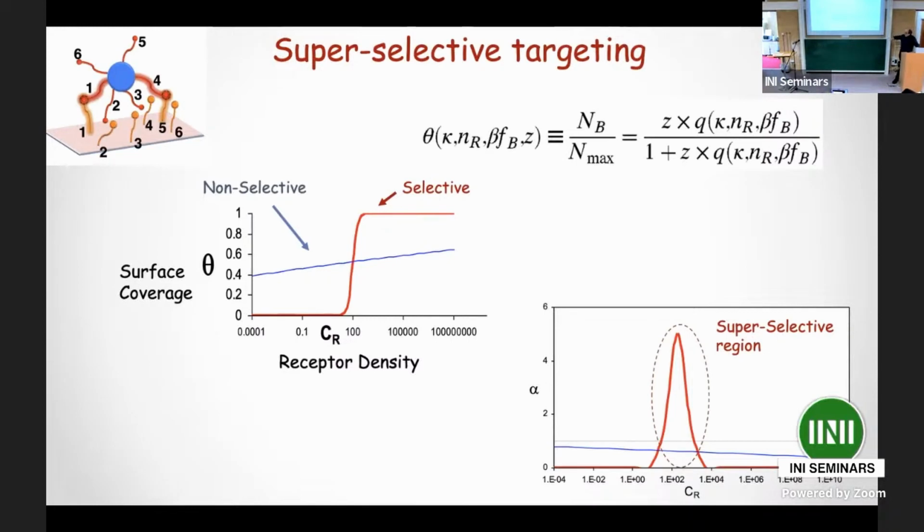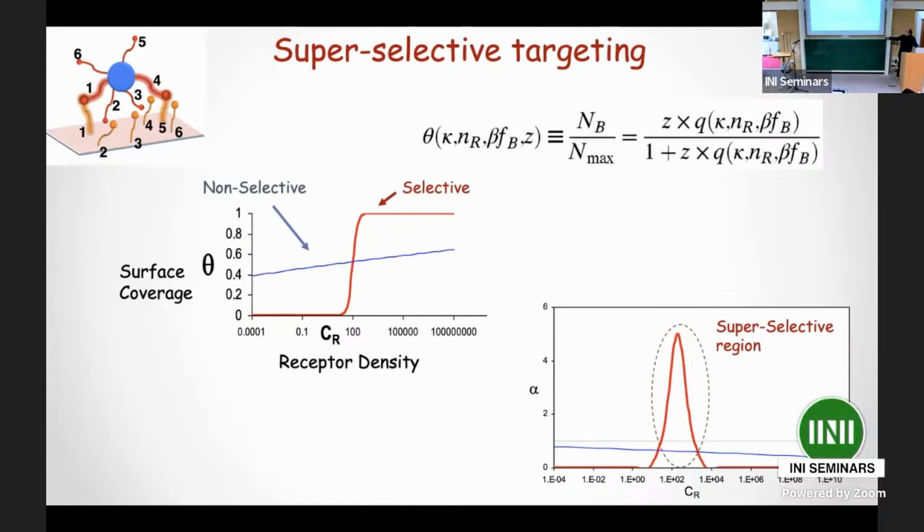Now, if we have several particles on a large surface, we can calculate the surface coverage and plot it, let's say, as a function of the density of the receptors. We studied different surfaces with different density, and now we can have different scenarios.